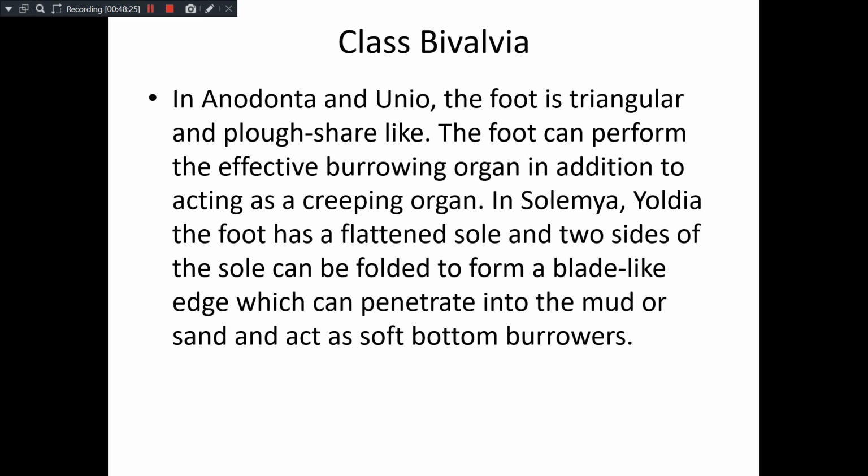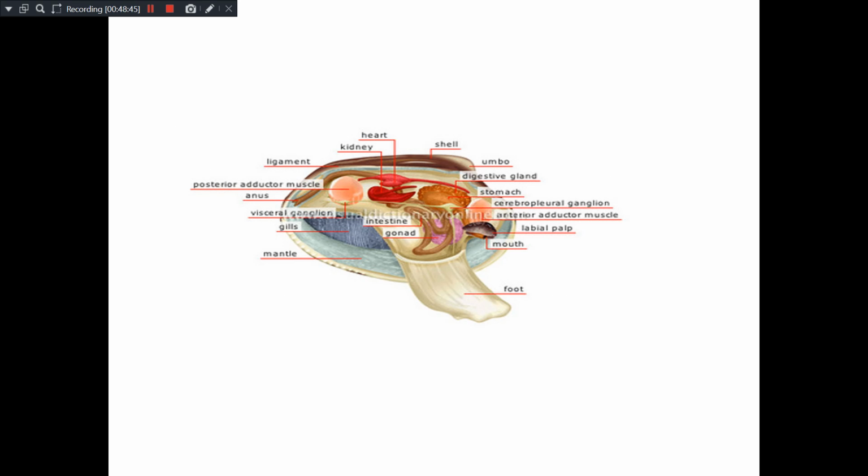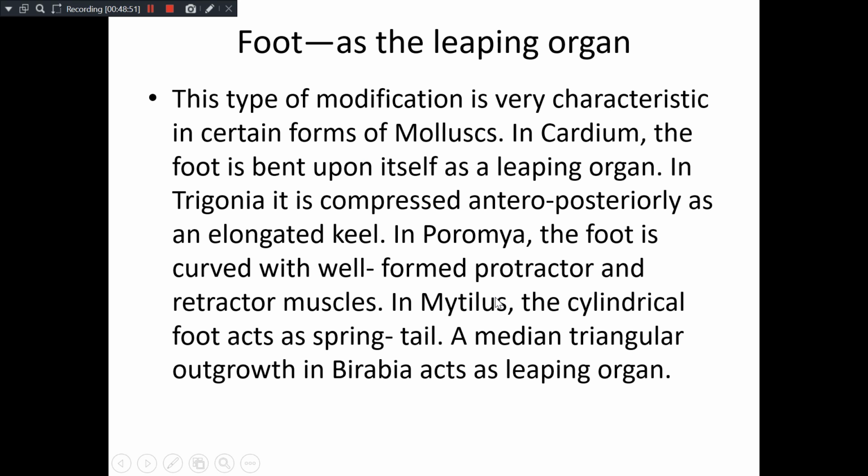Because of this flattened sole with two sides folded, which can easily penetrate into the mud or sand, they have become soft bottom burrowers. See the foot in the case of the bivalves. Even the foot is functioning as a leaping organ also.